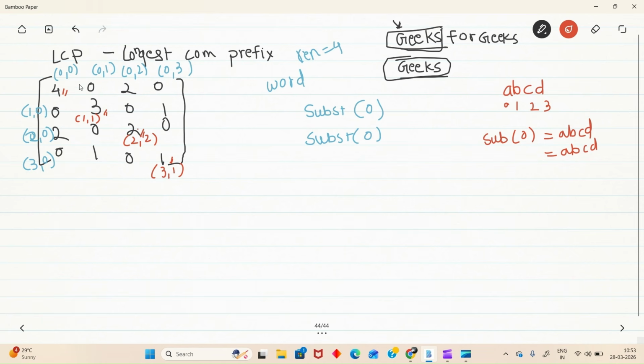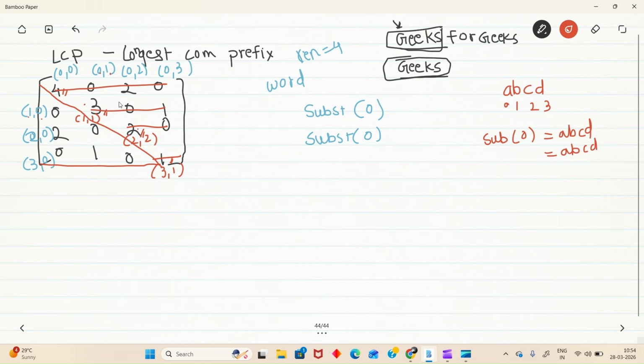Now if you see the substring of 0,1 and the substring of 1,0, is there any difference? No, both are the same. So we will discard this; we don't want to look at this now. Only this part remains. Now you understood what 0,0 and 0,1 mean, and what the word is. How is this LCP calculated?